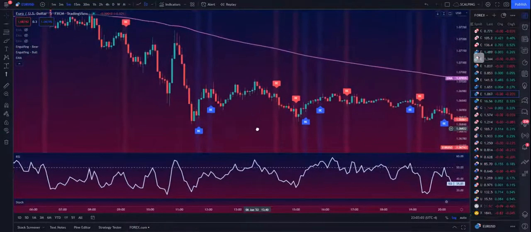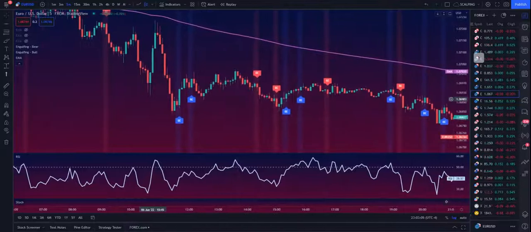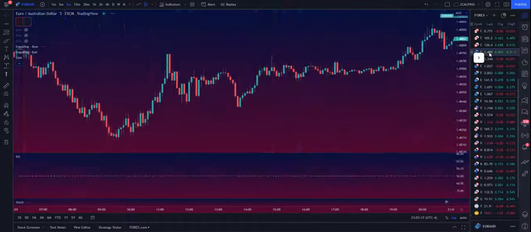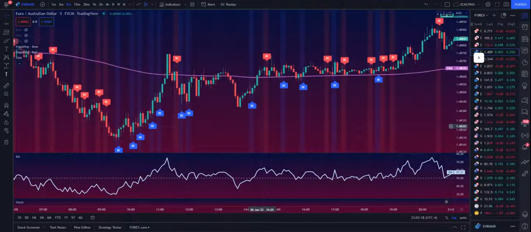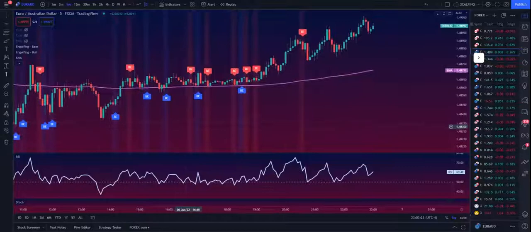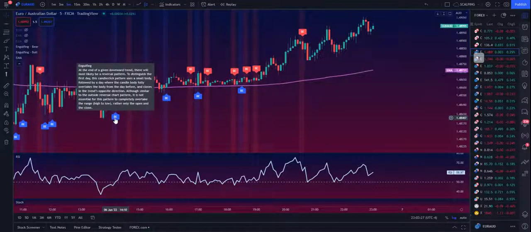Okay. So here's what we do. This is how we trade these. Okay. Our entry, we need a few things to happen. I'm going to go to, let's see, Euro Aussie. Euro Aussie, kind of a good trader for me tonight. So what we need is a bullish engulfing.